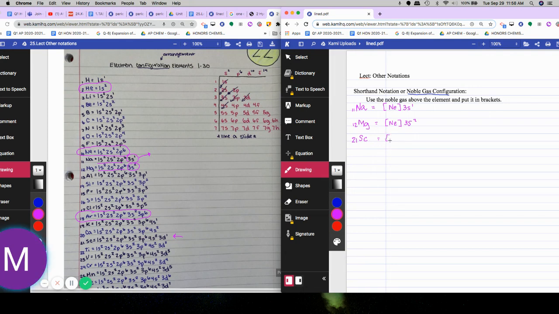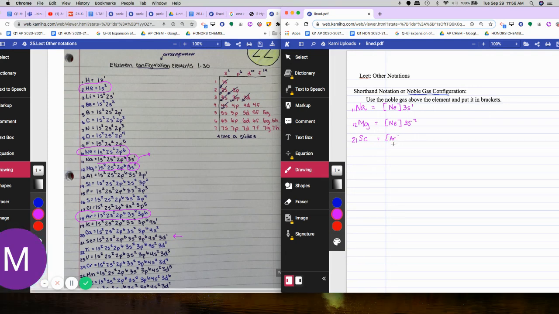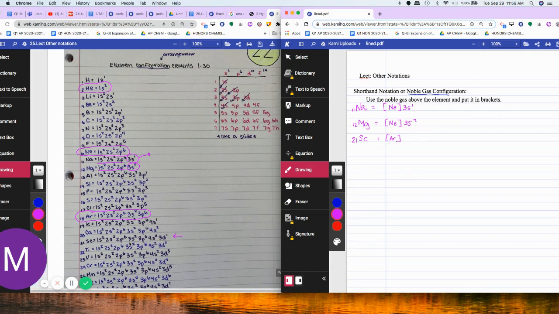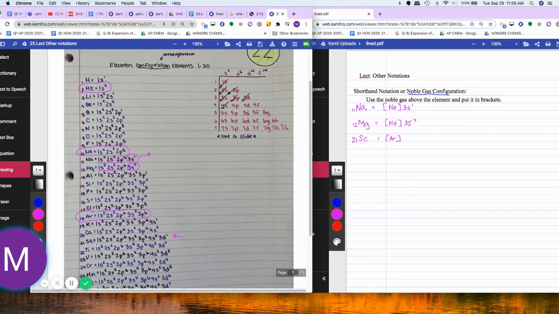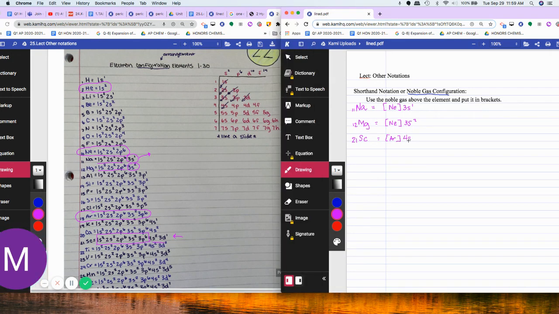So write argon in brackets. And then, argon stops at 3p6. So then all I have to do is write 4s2 and 3d1. Okay, and that's it.